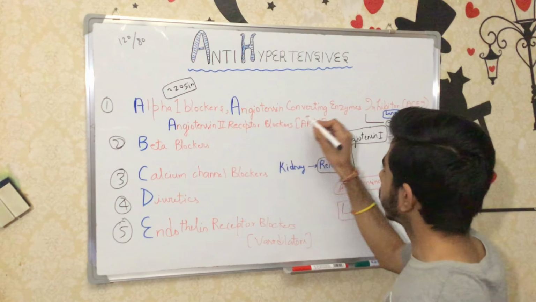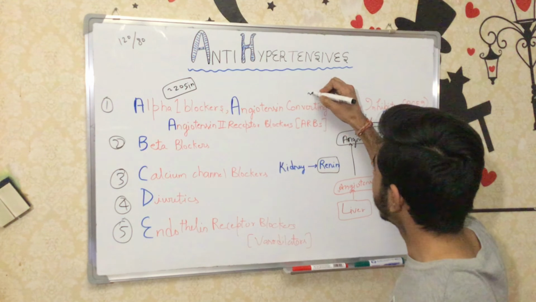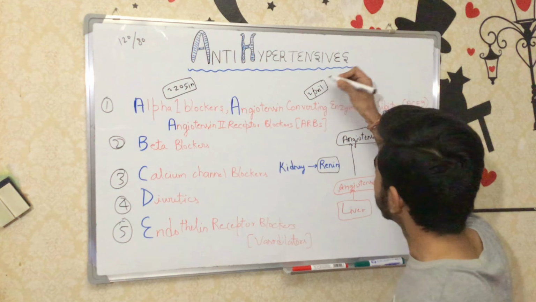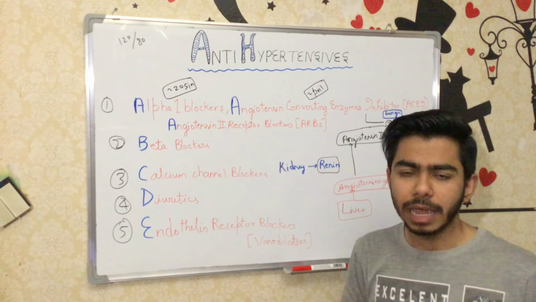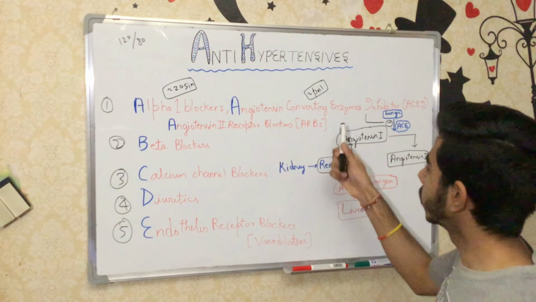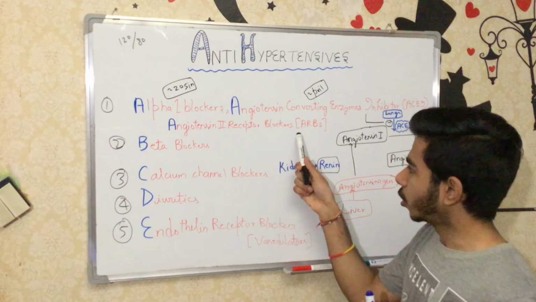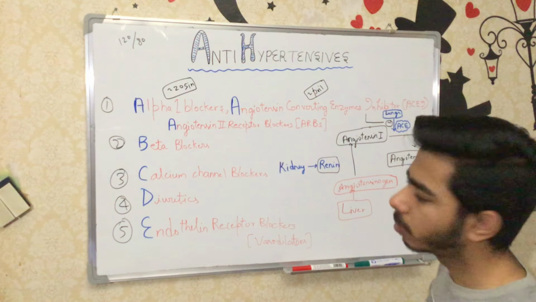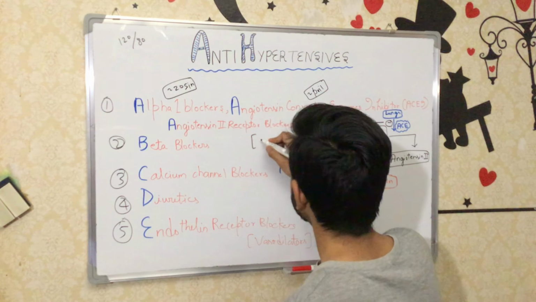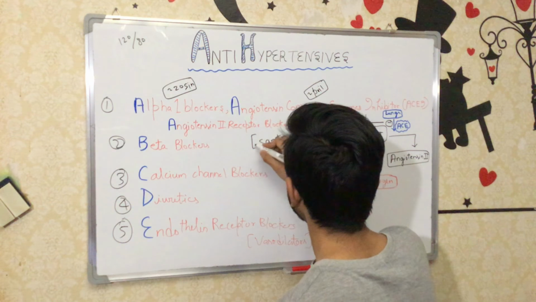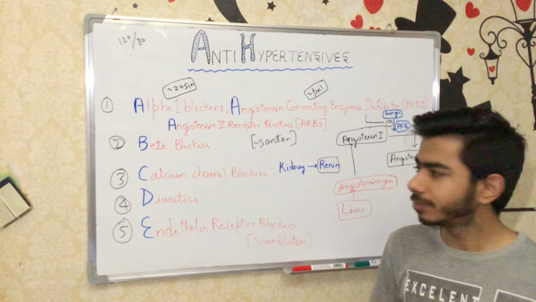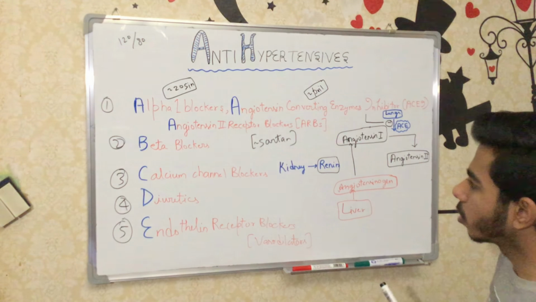Angiotensin converting enzyme inhibitors have the ending pril, like lisinopril, captopril, enalapril. These are all examples of ACE inhibitors. Angiotensin 2 receptor blockers have the ending sartan, like losartan. This is an angiotensin 2 receptor blocker.